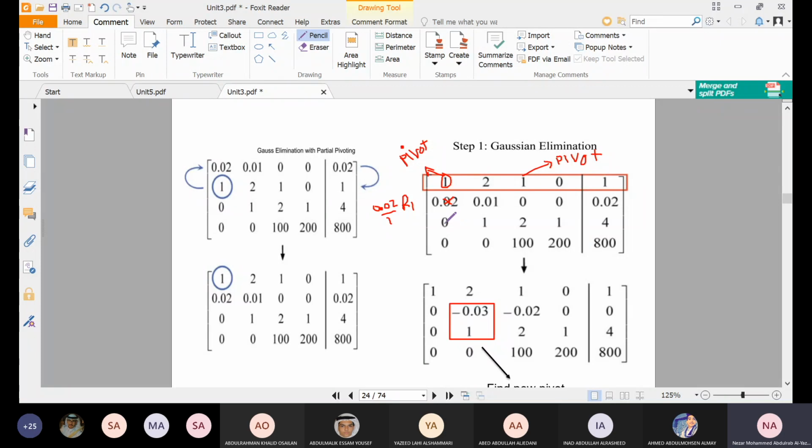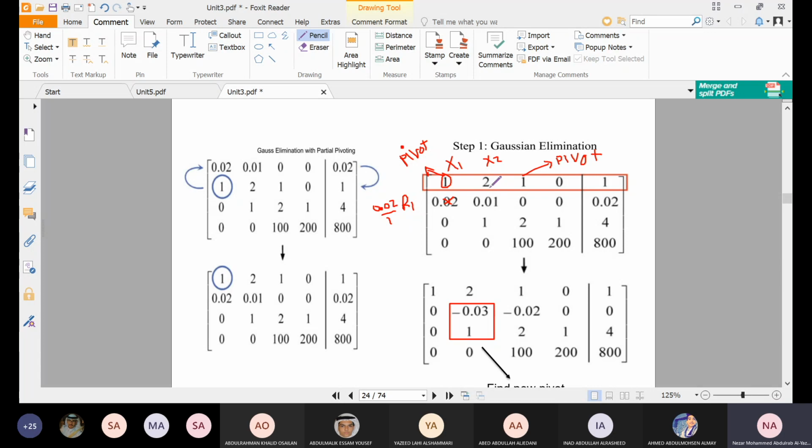For example, if I have here a number 1, or 0.1, or anything, I also want to do elimination for this element to convert it to 0. Because these are already zeros, there is no need for more eliminations here. So now we can find x1, because we only have this one and the others are zeros below the diagonal. Now, the next step is to eliminate the coefficient of x2.